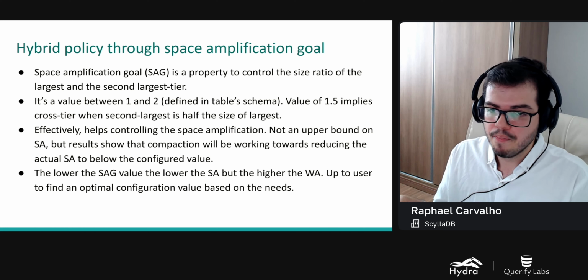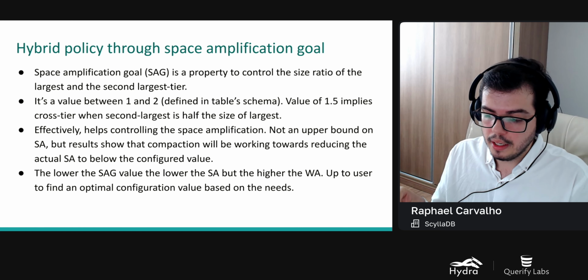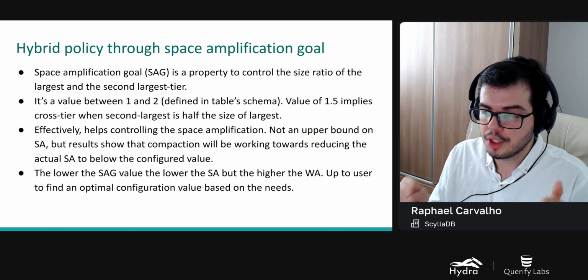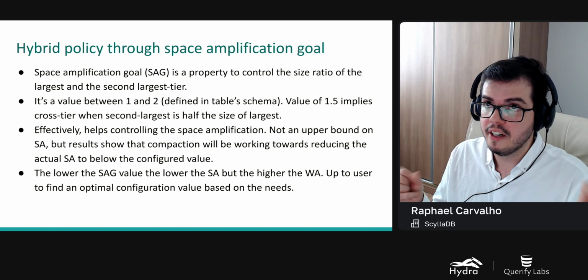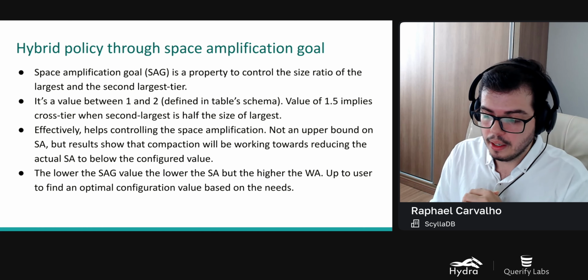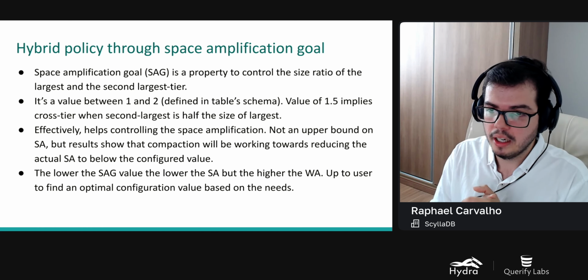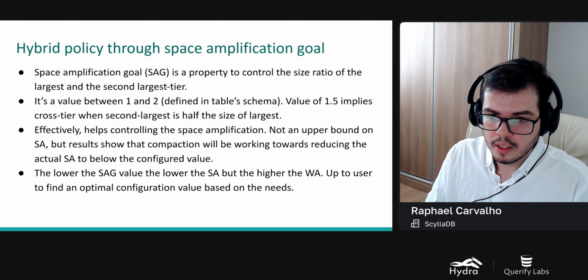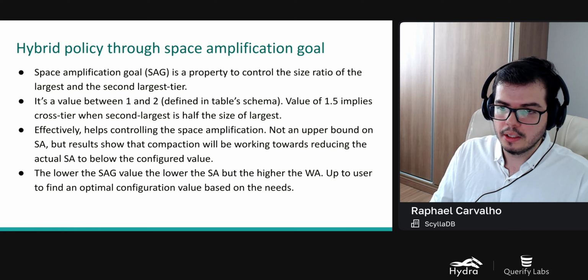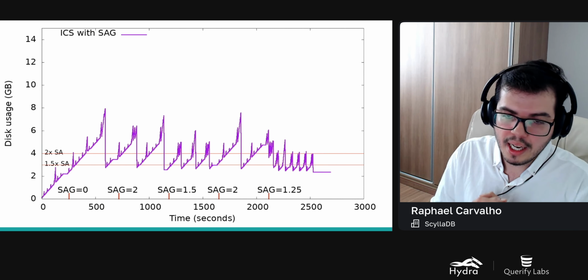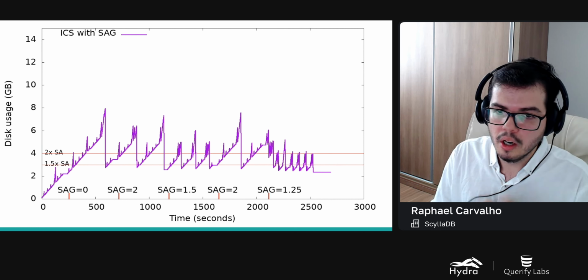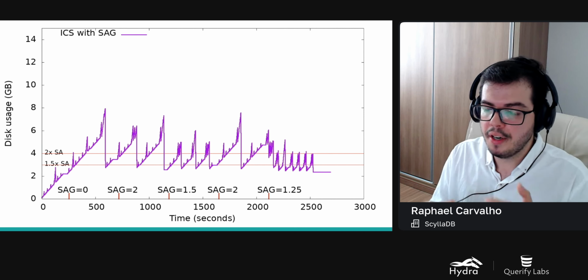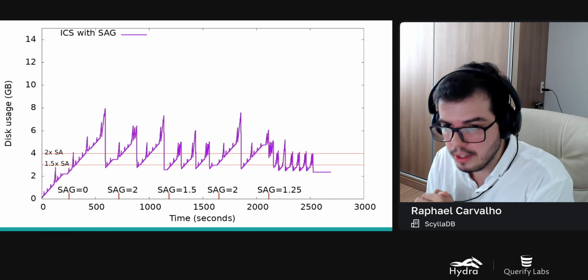So it allows these hybrid layouts where we have a mix between tiered and leveled layout applied to the LSM-tree. So this is how it looks. This is a benchmark where we show the disk usage for different space amplification goal values.